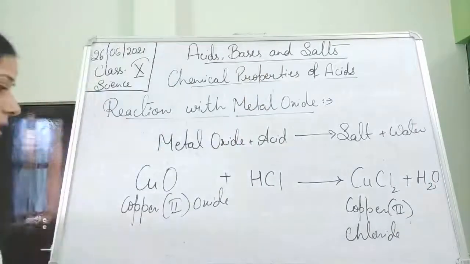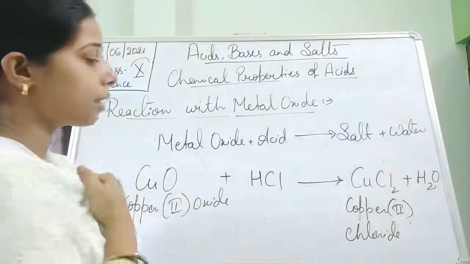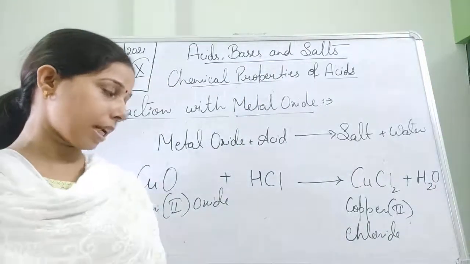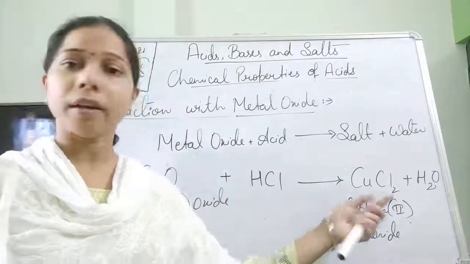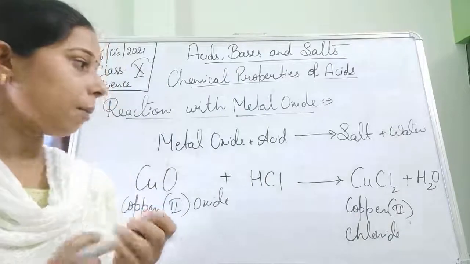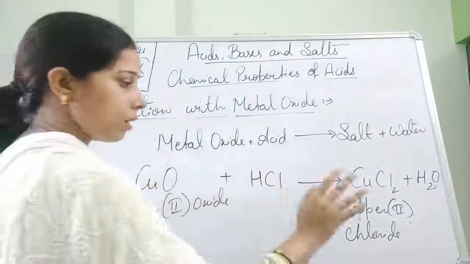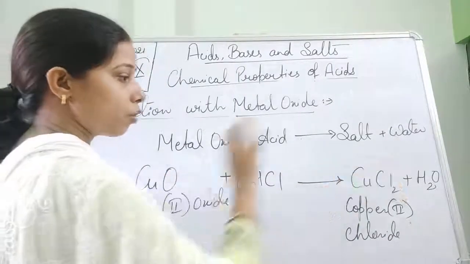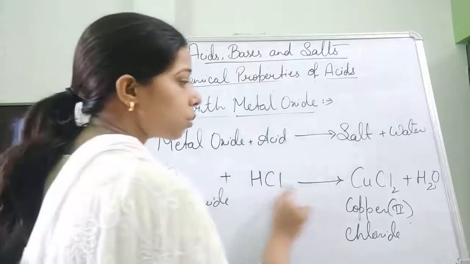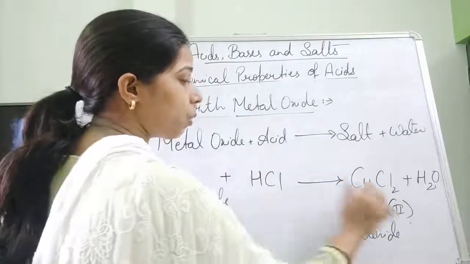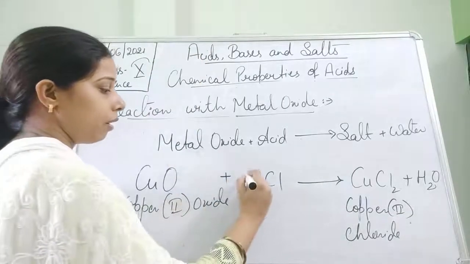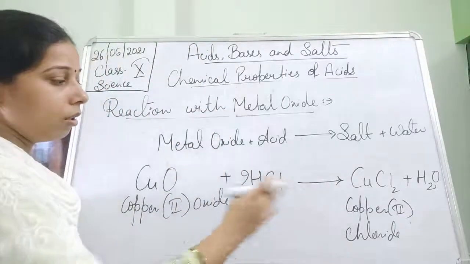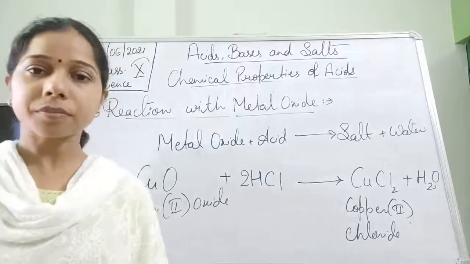That is, copper second oxide, which is a metal oxide, when it reacts with an acid, there is a formation of a salt and water is released. Now balance it. Copper and copper, it is balanced. Oxygen is 1, oxygen is also balanced. Hydrogen is 1 here, hydrogen is 2, and chlorine is 1 here, chlorine is 2. So if we write here 2 HCl, it will be balanced.